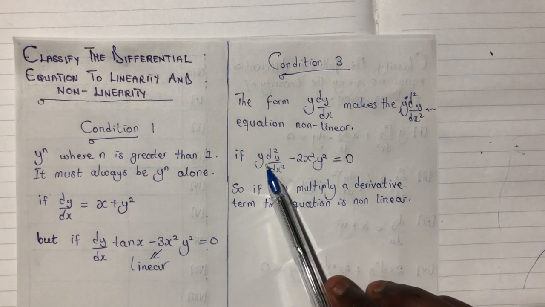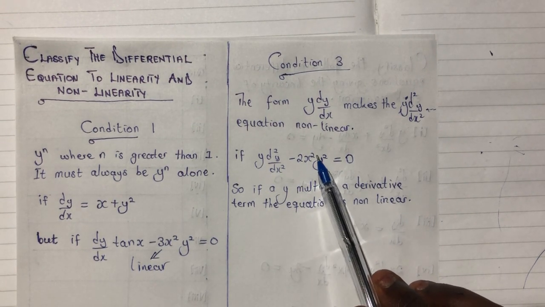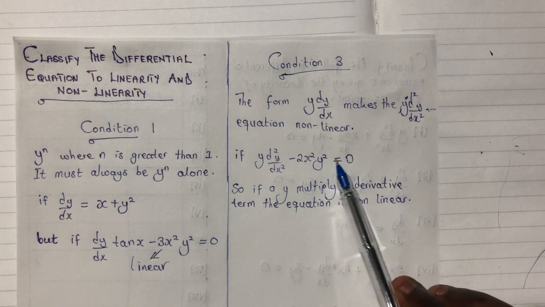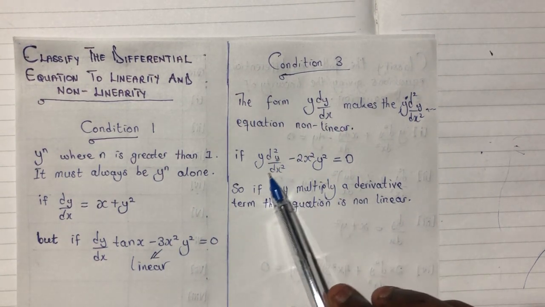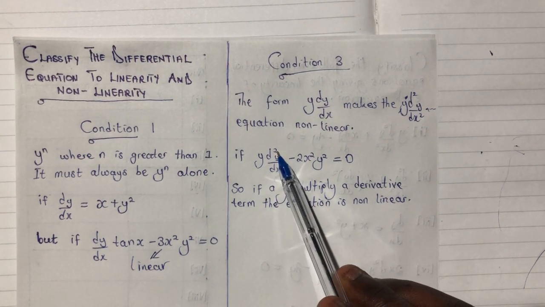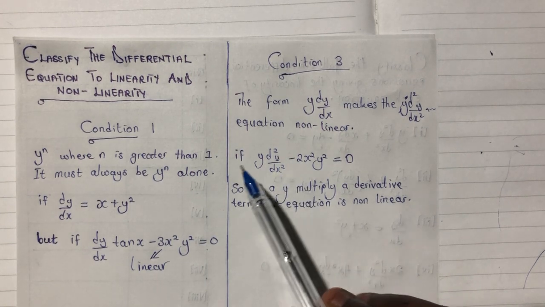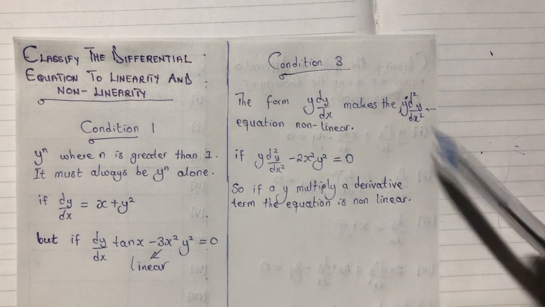So I have this example here, y d square y over dx squared minus 2x squared y squared equals 0. And this condition makes the equation nonlinear. If the derivative term is the third derivative, fourth derivative, it still qualifies. It makes the equation nonlinear.